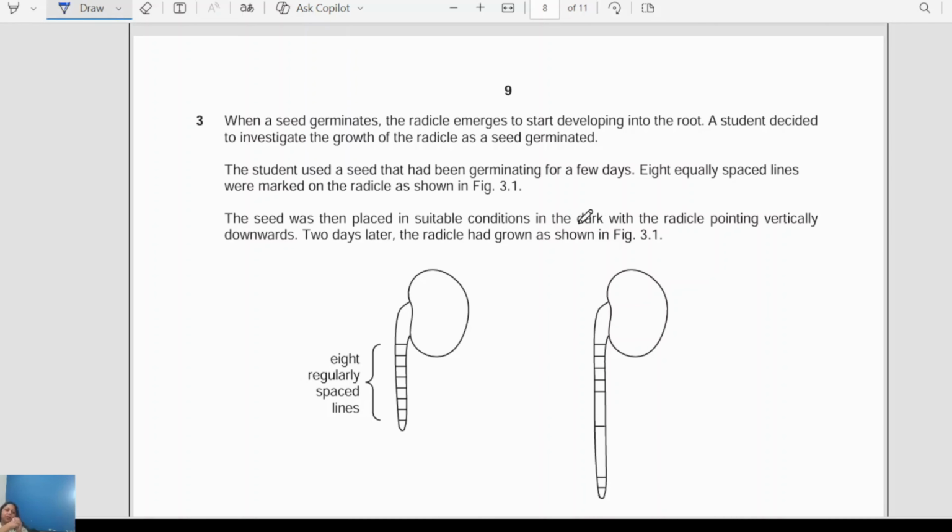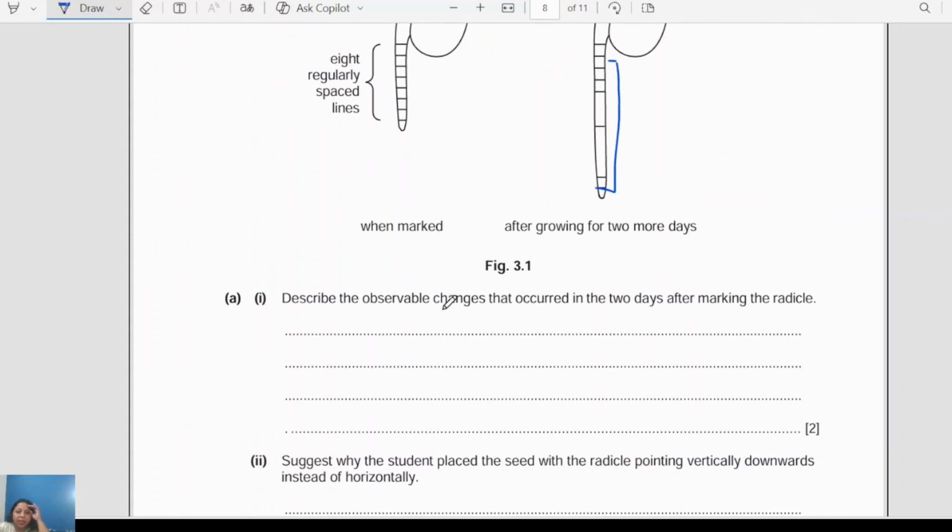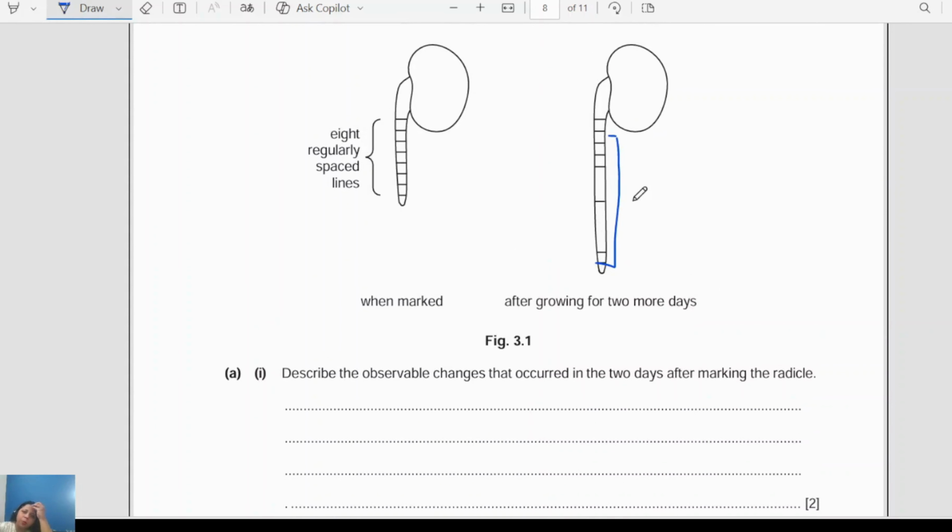When a seed germinates, this is about seed germination, a student decided to investigate the growth of the radicle as the seed germinated. The growth is given. If you look at the marking, it is regularly marked over here. But after 2 days, the marking is different. There is increase in distance in some markings, while there is no increase in others. Describe the observable change. What have you observed? Just observe which part is growing more.